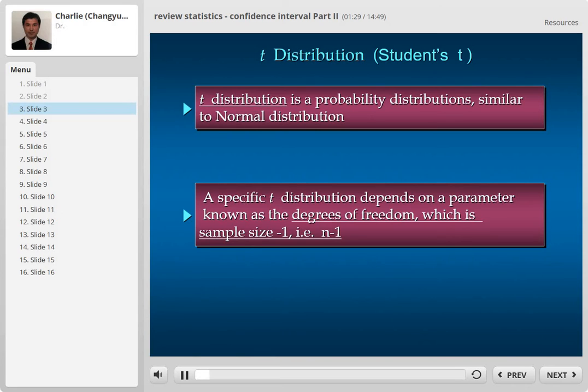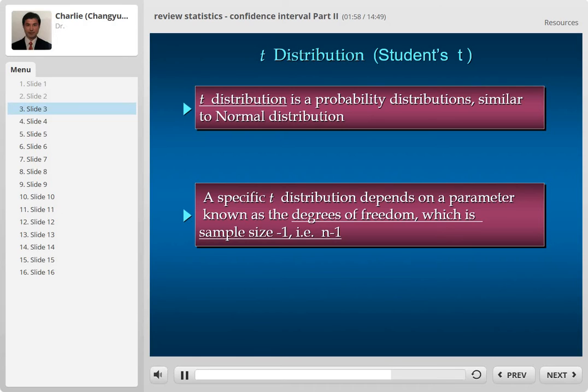Now, what is t distribution, you might ask? Another name for it is a student's t distribution, because the person who founded this, his last name is Student. Anyway, it's a t distribution. It is a probability distribution very similar to normal distribution.